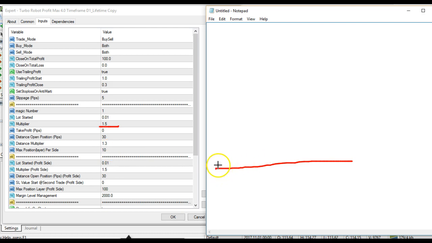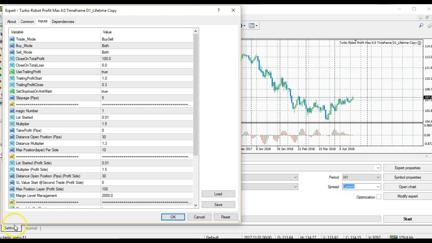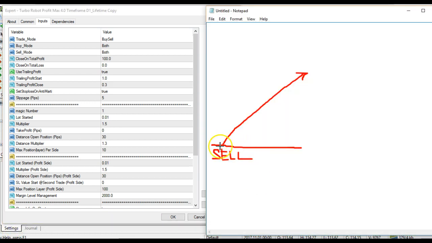So if this is a sell trade, you are supposed to be earning, profiting 10 pips just now, whether you are buy or sell. It does not happen because the market reversed in the other direction.